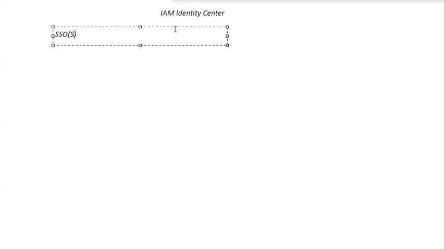SSO stands for single sign-on. I think mostly all the users will use this, but they don't know the name. So I'll tell you with an example. When you see a new website for the first time, what will that website ask you? It will ask you to sign in.